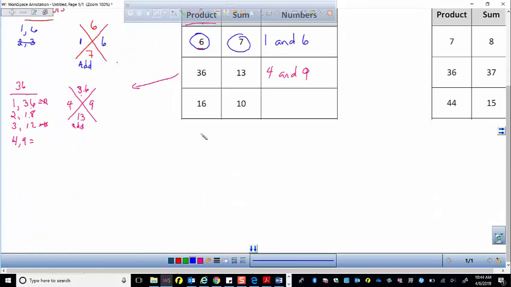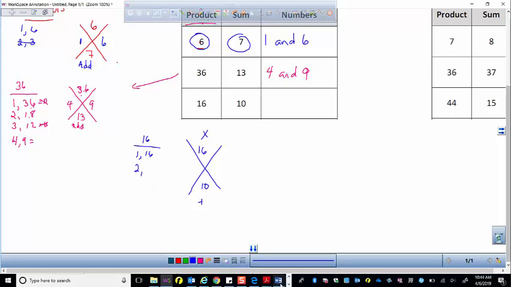All right, so I'm going to try 16 and 10. When I multiply, I want to get 16. When I add, I want to get 10. So I've got to think again of my factors of 16. 1 and 16. 1 plus 16, does that give me 10? No. So then I can try 2.